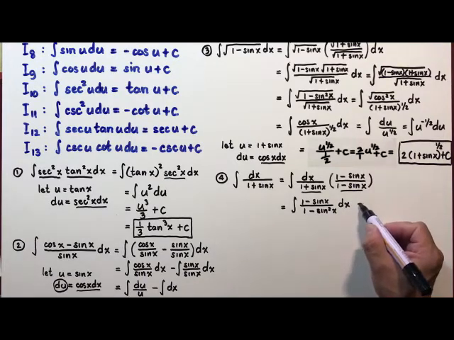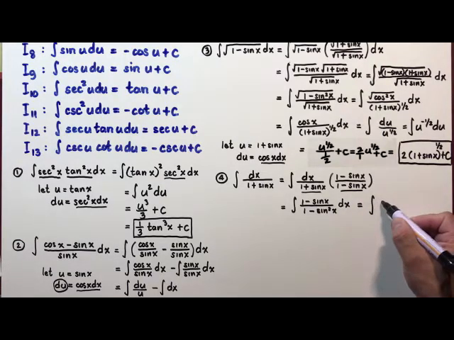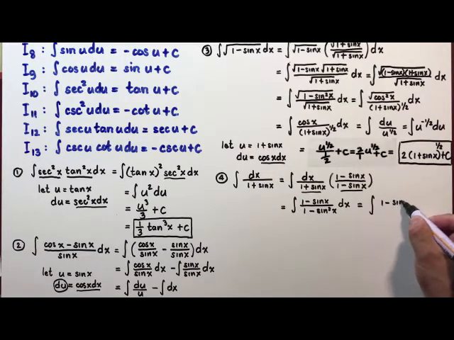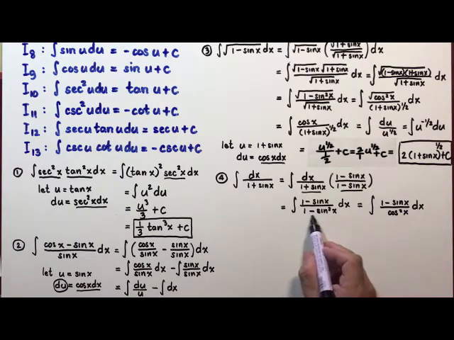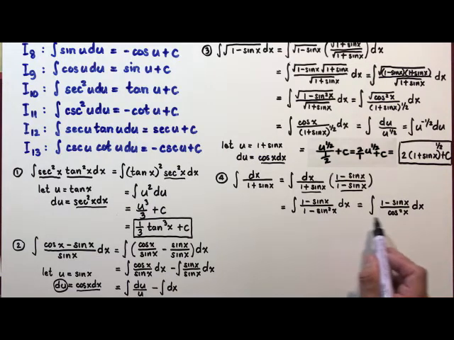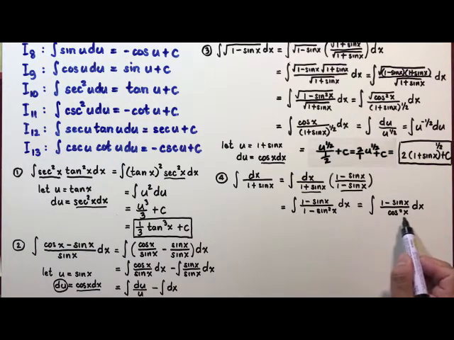Now I can apply a little identity here, that this is the integral of 1 minus sine x over cosine squared x dx, because I know that 1 minus sine squared x is identical to cosine squared x in our trigonometric identities. Now at this time, if I let my u to be cosine x, I cannot get the derivative as 1 minus sine x. So that's still a problem.